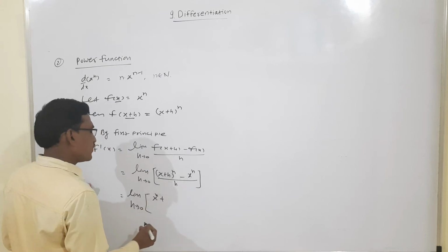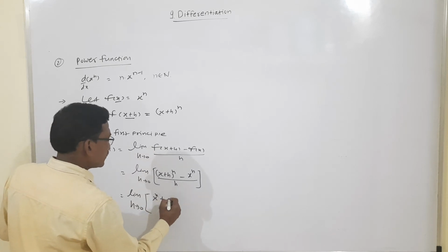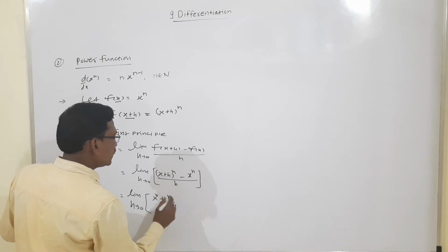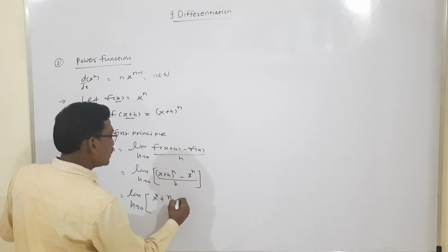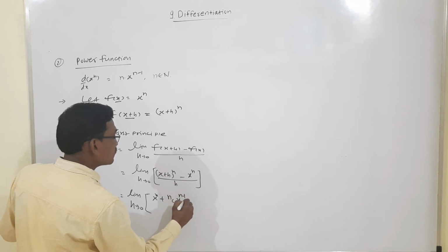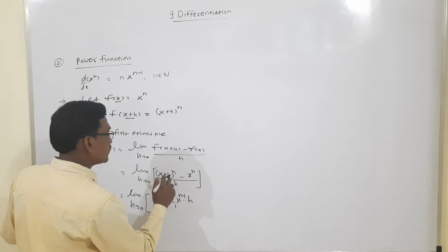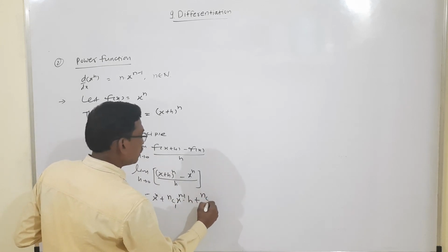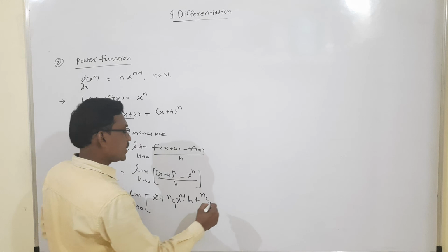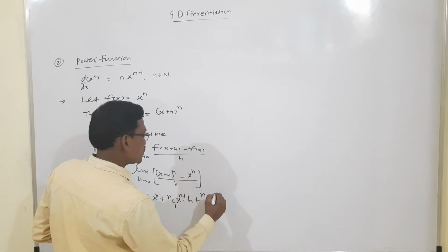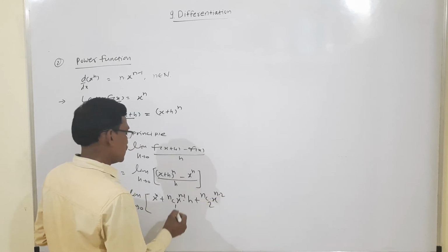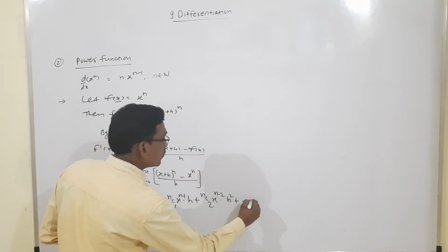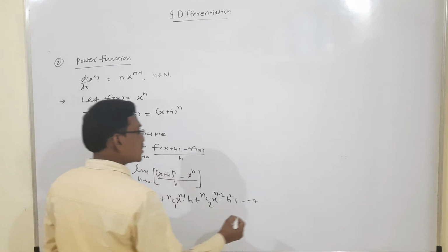x raised to n plus nC1, n combination of 1, into x raised to n minus 1 into h, this term, then plus the third term, n combination of 2 into x raised to n minus 2 into h square, and so on, plus h raised to n.